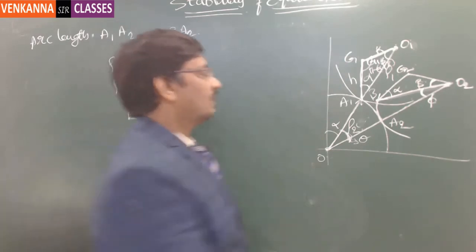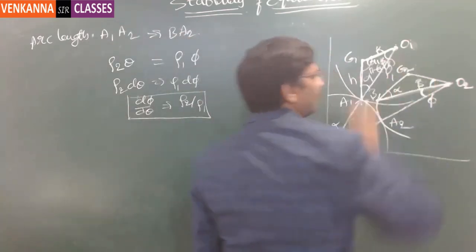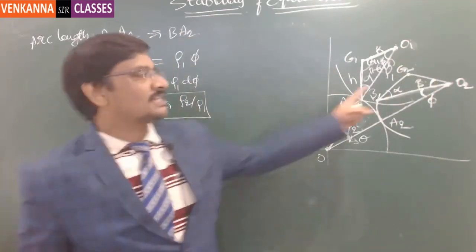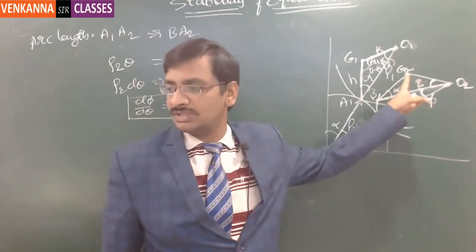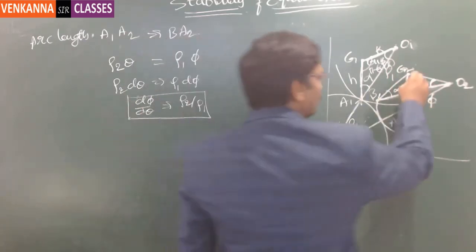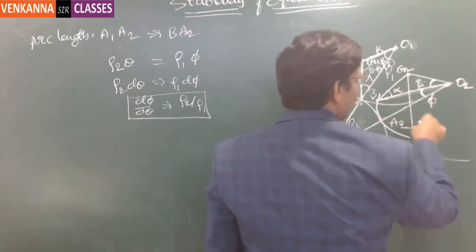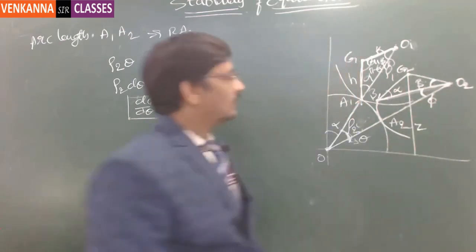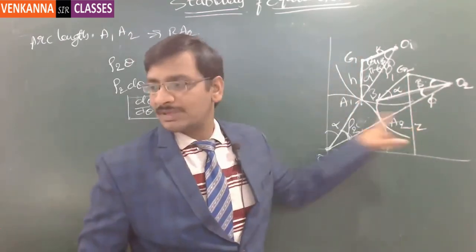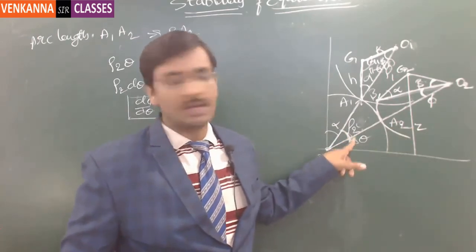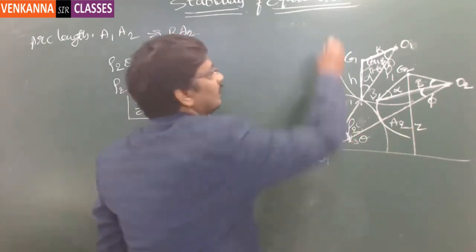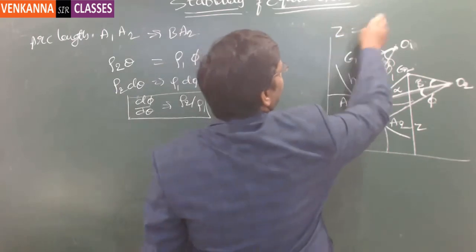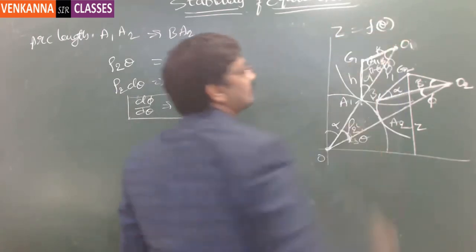Now this is the new center of gravity. I wanted to express this new center of gravity, which is at a height of z from the bottom. Now this z value I wanted to express as a function of theta, because in the previous z test I asked you to express z as a function of theta.